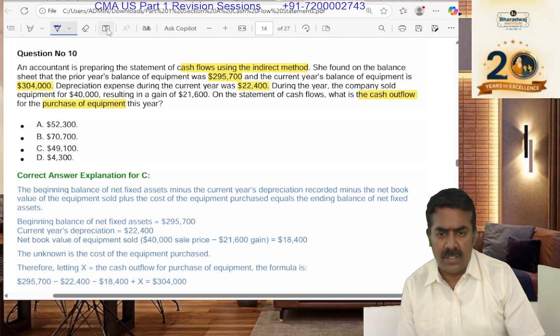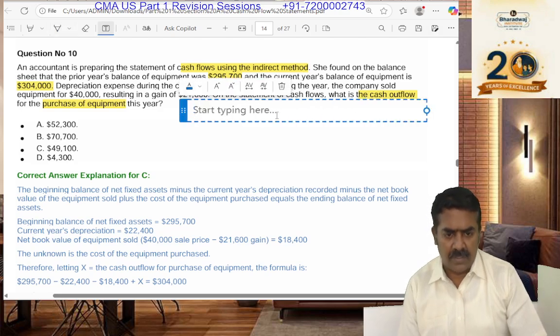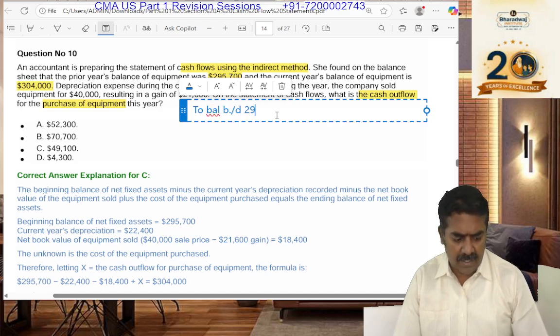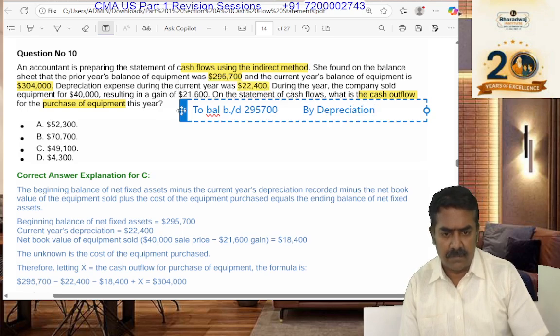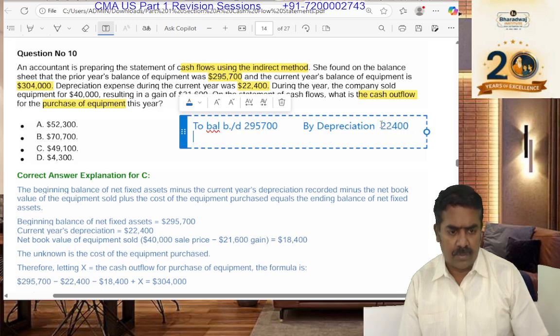Maybe we can do it in ledger format. Any format we can work out. What is to balance brought down? What is the opening balance? 2,95,700. Okay. By depreciation. What is the depreciation charge in the current year given? 22,400.